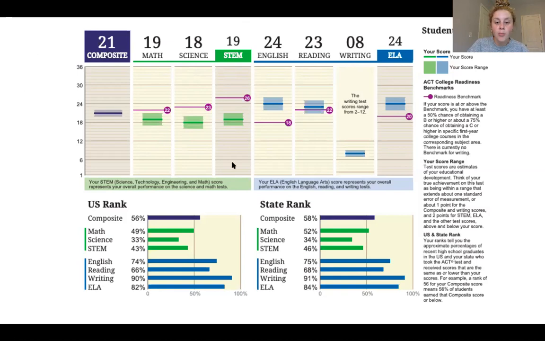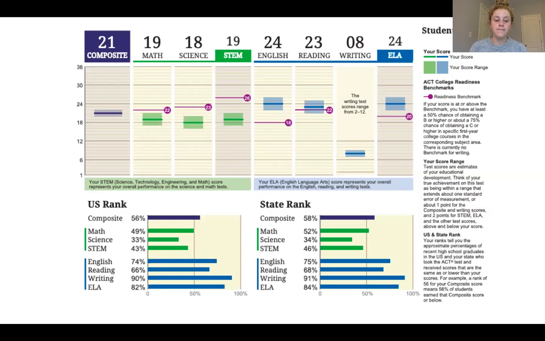So in this top graph, you will see this green and blue shaded part on the bar graph. That more bold line is indicating the number that this student got on that section. The shaded areas surrounding that bold bar are indicating that if this student took the ACT test again, they could expect to fall anywhere in that range.